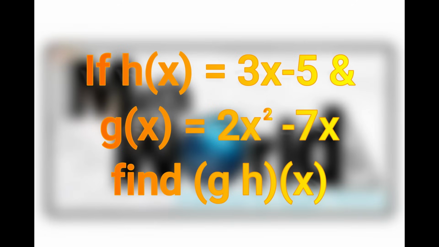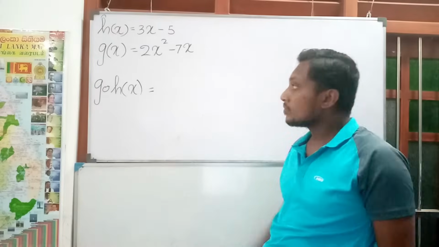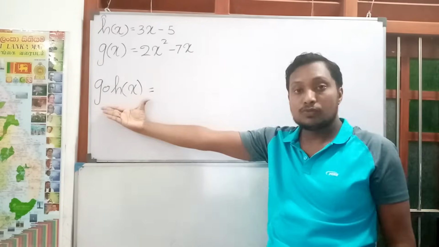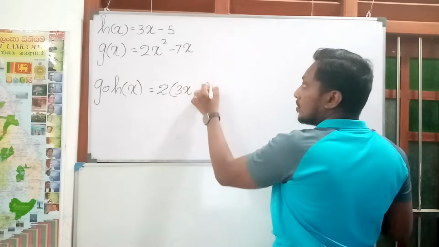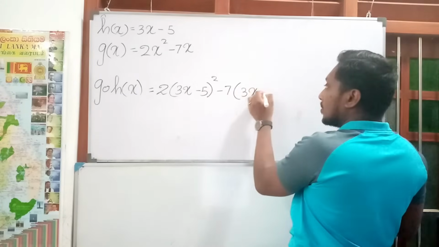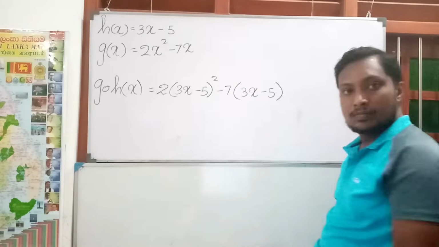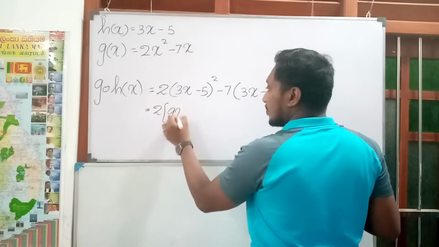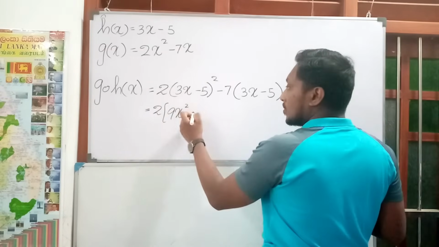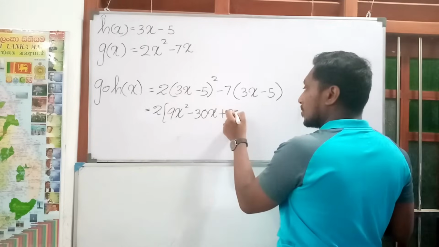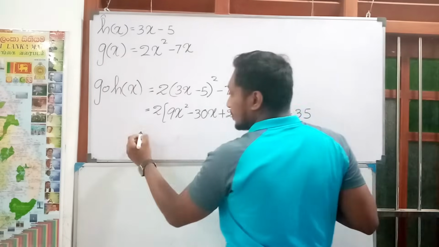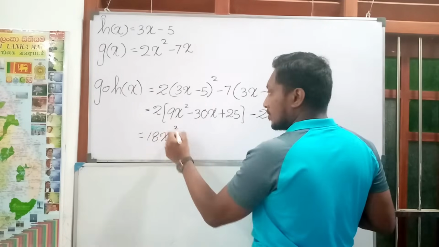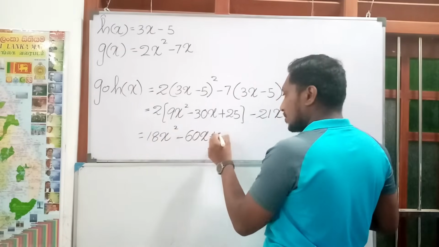Let's take another example. h(x) is 3x minus 5, g(x) is 2x squared minus 7x. We are going to find g of h(x). That means we have to put h(x) into g(x). h(x) is 3x minus 5, so we put that into the x terms of g(x), and simplify it with our usual simplifications.